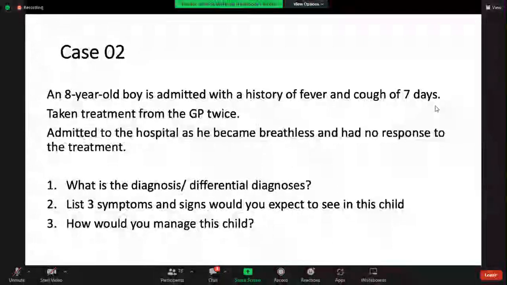When you talk about management, what does that consist of? Investigation and treatment. Yeah, good. So it should include investigations and treatment. Then what investigations would you do in this child?